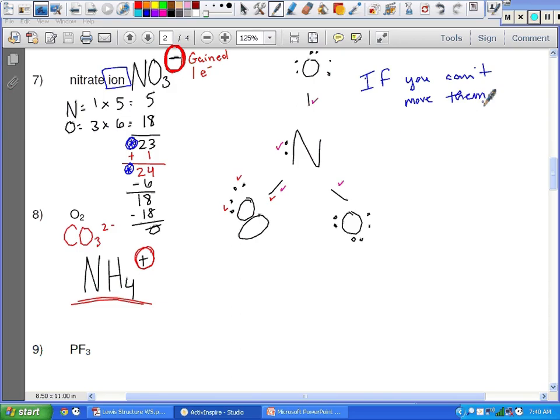What I literally meant is those 2 electrons that I moved, that I took from right here, I can't move them because that takes away a valence electron. So what I'm going to have to do is share them. And when you share them, what does that create between these 2 atoms? What that creates is a double bond.